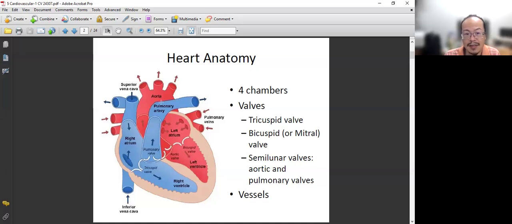You need to know that is the aorta. Or, the right atrium receives blood from where? From the vena cava. Every chamber connects with a vessel and also with another chamber, so each chamber has two outlets. One end has blood coming in, the other end has blood coming out.